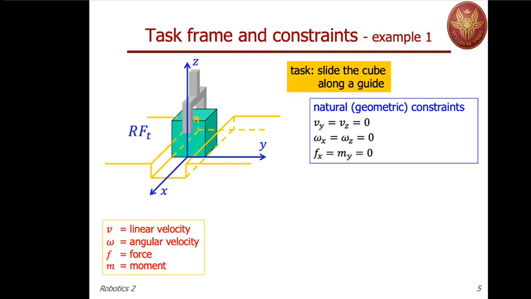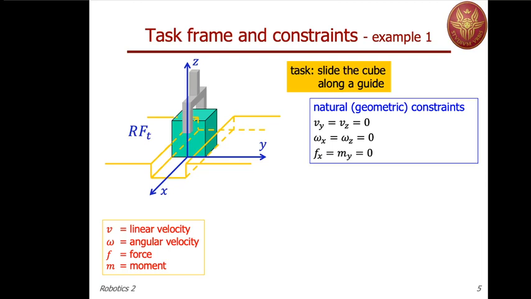On the other hand, there are 2 natural constraints on the reaction forces that the environment can generate. Since we assume that there's no friction in the contact, the environment, so this guide embracing the cube, will not be able to impose a reactive force along the x direction.